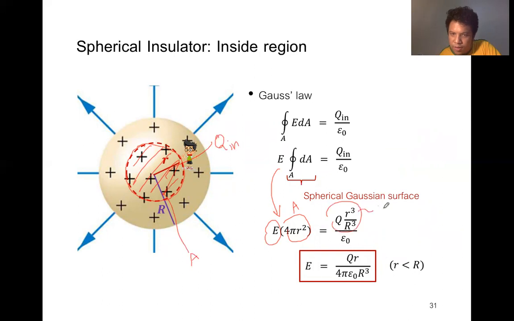Then we come up with this expression of E, and if we cancel all other constants, we find that E is proportional to R.